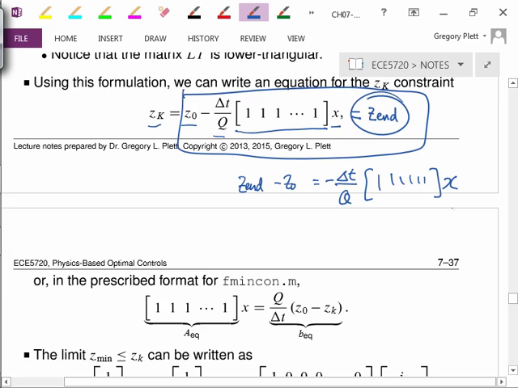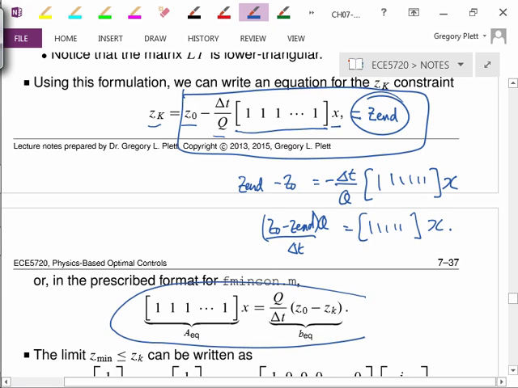I could write it that way. I chose to write it a little differently. I chose to multiply both sides by q over delta t. So I have z0 minus z end over delta t, all times q, equals all of these 1s times x. And there it is, except this should be z end.